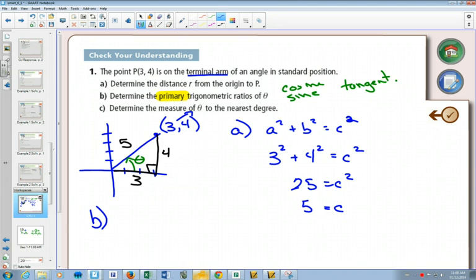We look at this. What is sine of theta? Look at the picture. Again, you might go back to your acronym to help you remember. SOHCAHTOA.